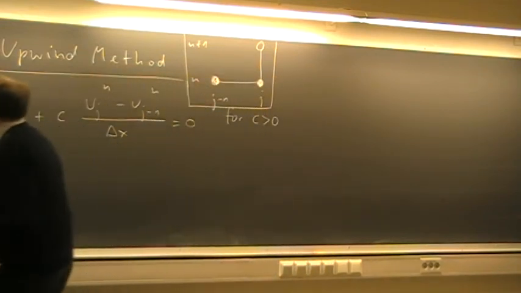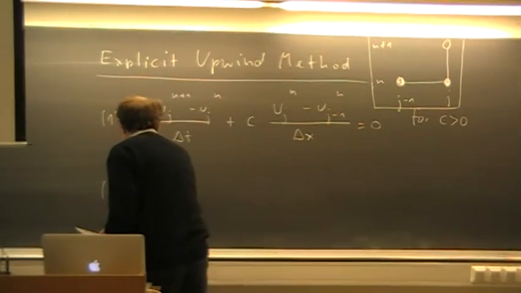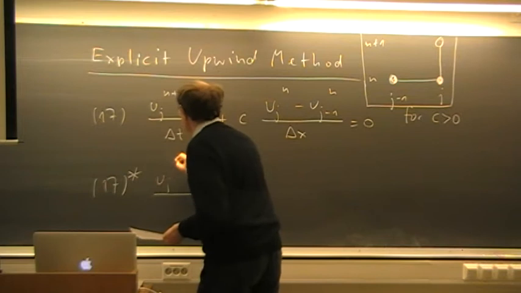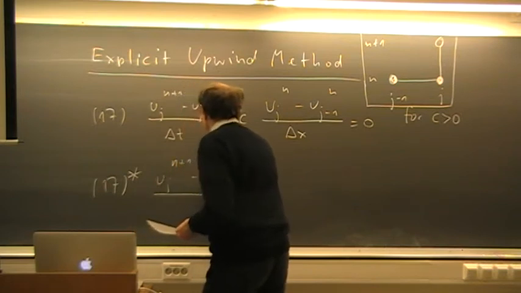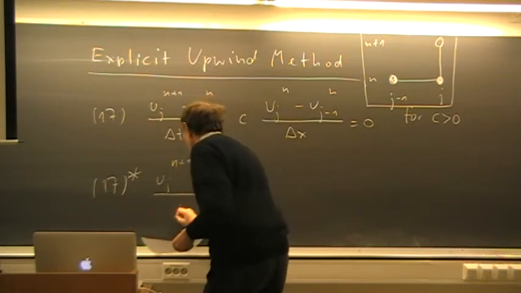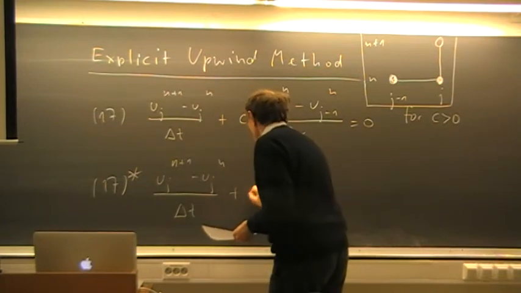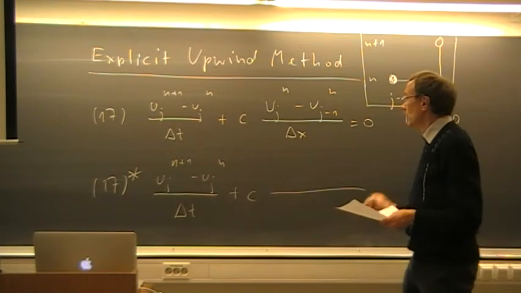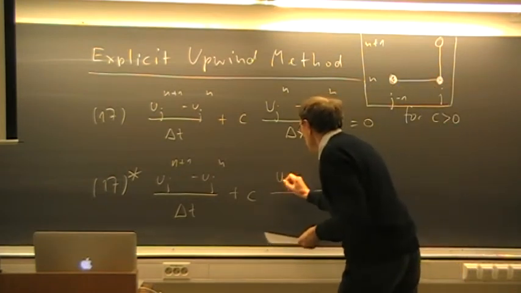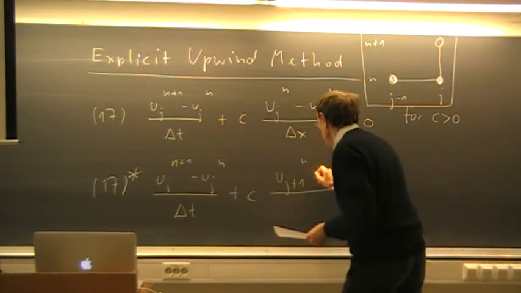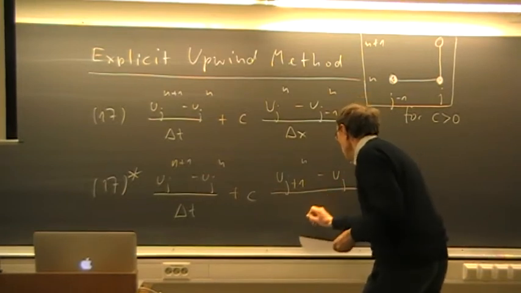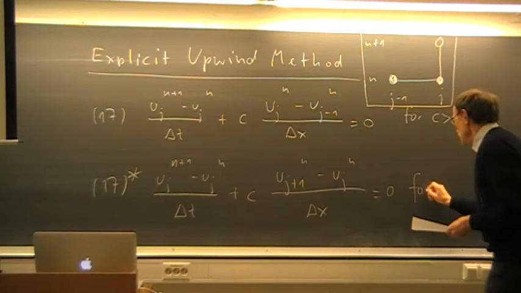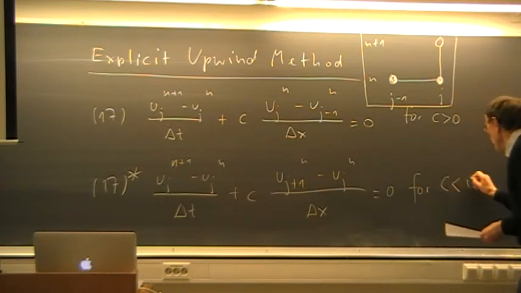I call that 17 star. We do the same approximation in time with the explicit Euler method, but for the space discretization, if c is negative, we take u_{j+1}^n minus u_j^n divided by delta x is equal to 0. And that is for c smaller than 0.